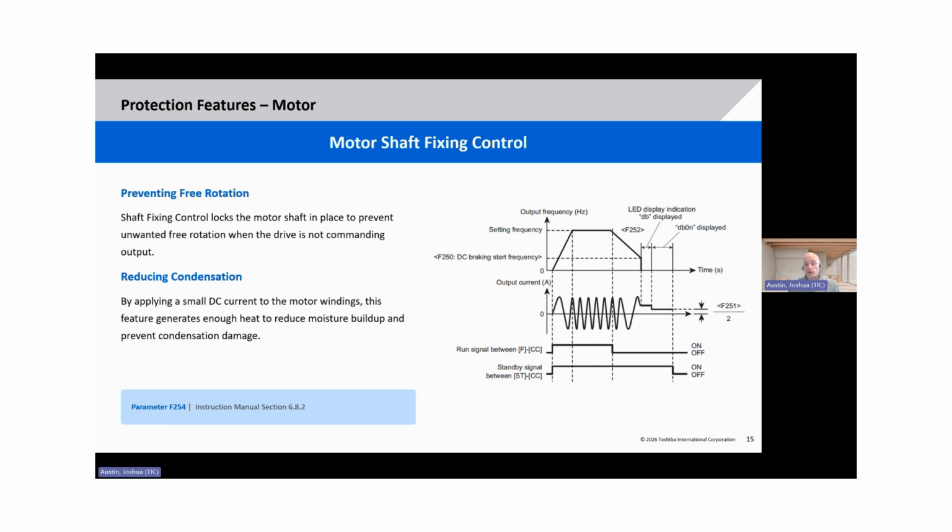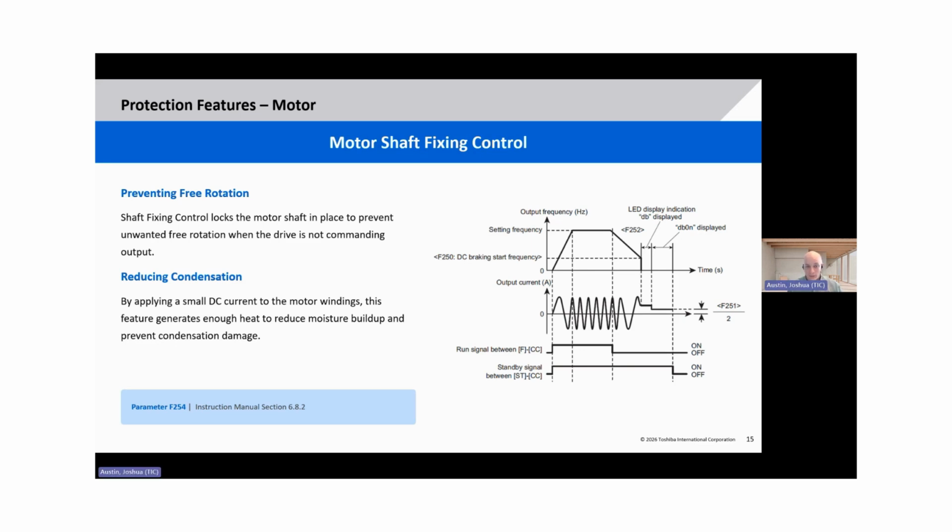So there are applications where you may not want a pump or a fan to operate or spin when the drive is turned off. And the second thing is that this can be an option to reduce condensation in that motor.